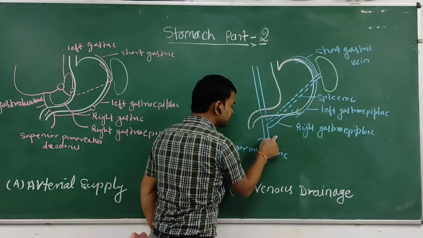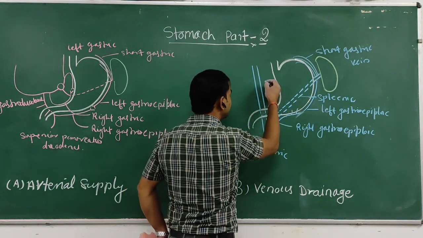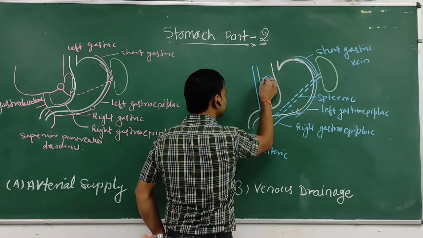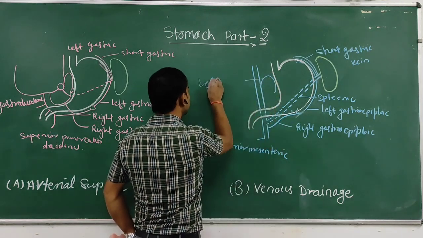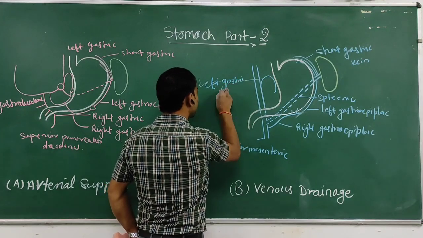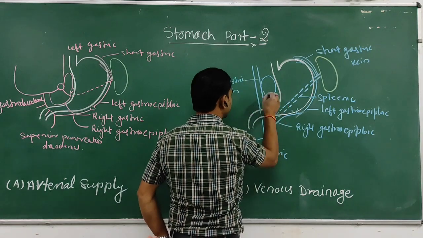So these are the tributaries of the portal vein, and directly the left gastric vein. So this is the left gastric vein and right gastric vein.